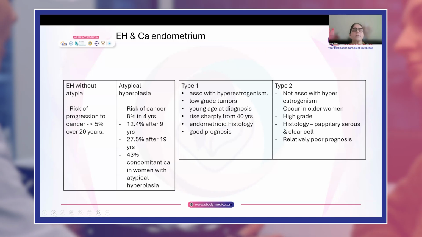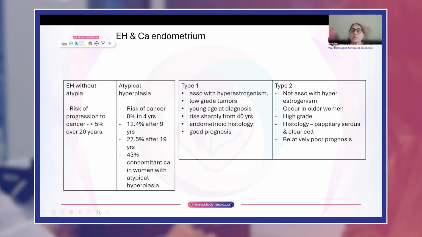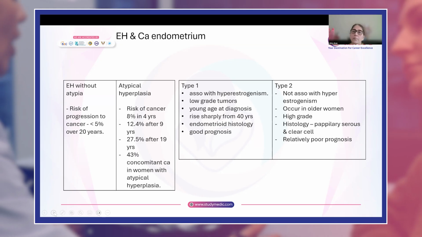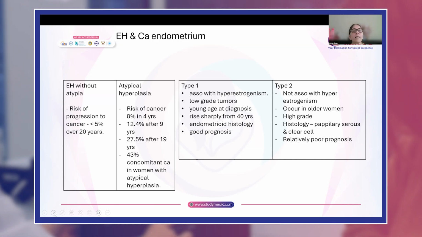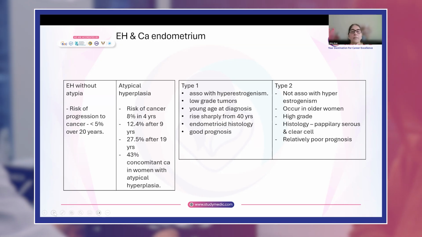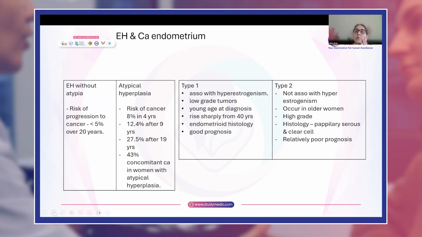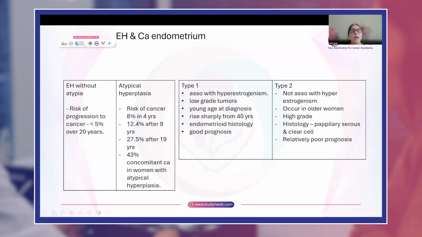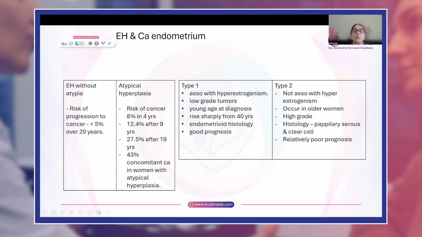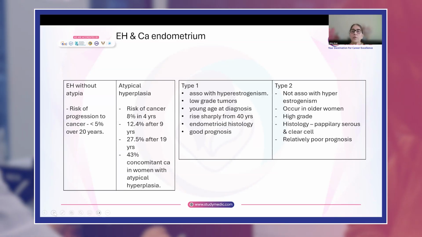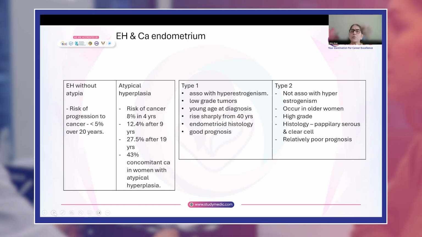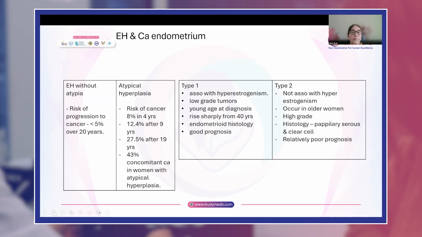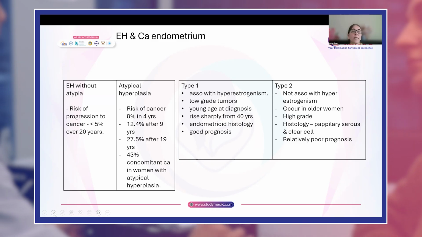So we know that carcinoma of the endometrium is very closely linked to endometrial hyperplasia. The type of women that are at high risk of developing endometrial hyperplasia is anyone who has an estrogen excess. So women who have a high BMI, those who are known cases of PCOS, women who have never used any type of contraception in the past, those who have infertility, there is chronic anovulation.